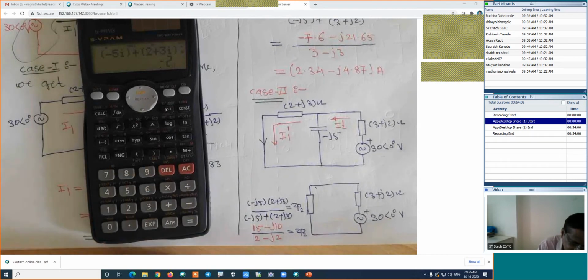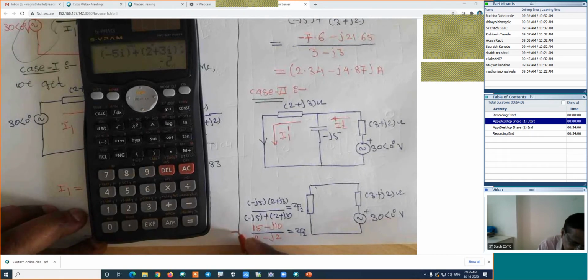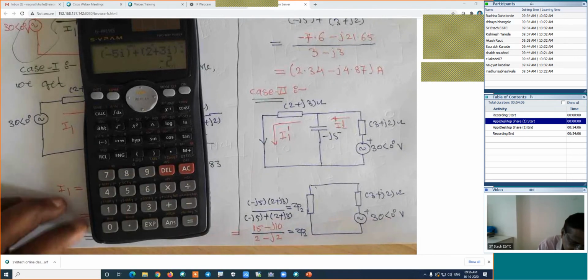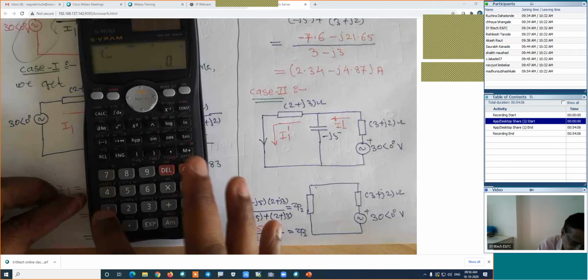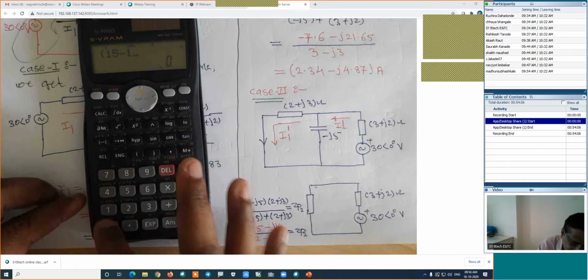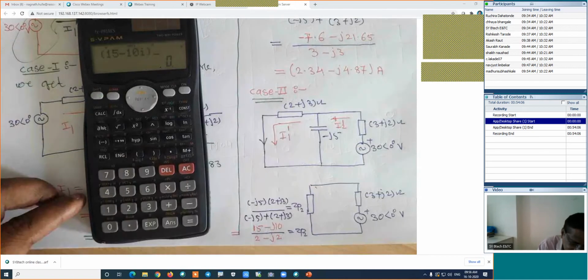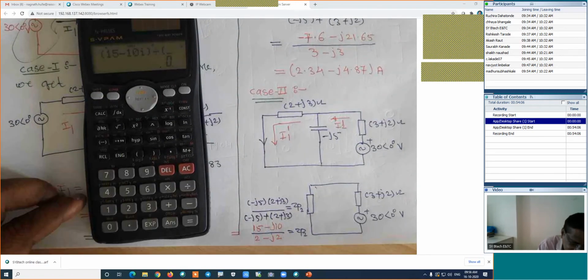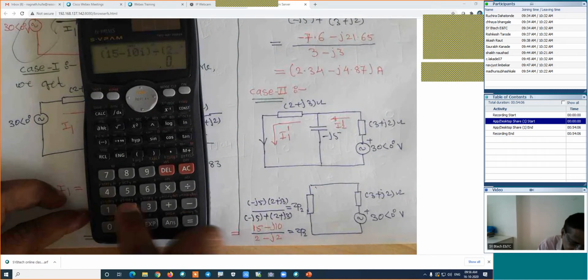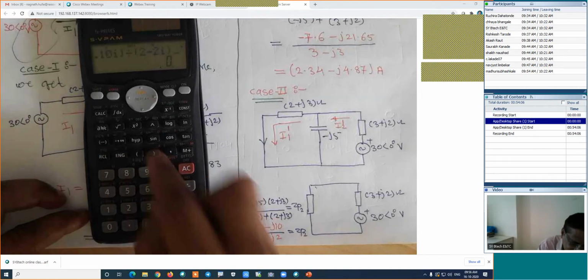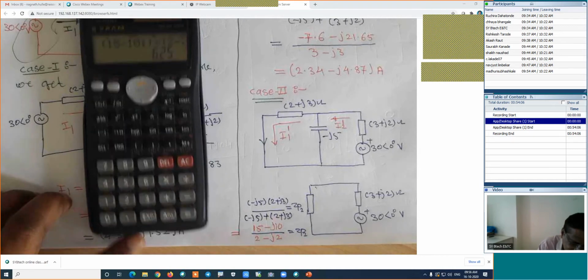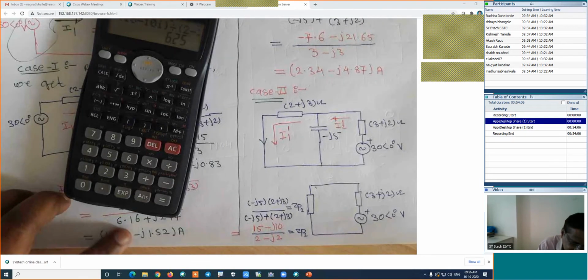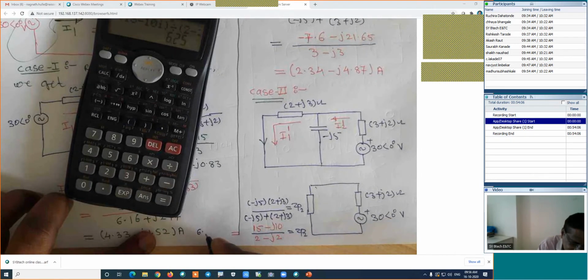Is it right? If I work on this calculation and write its value, how is the value of this 15 minus j10? This is 15 minus 10i, I will close the bracket, this value divided by start bracket, 2 minus j2, 2 minus 2i, I will close the bracket, is equal to. Its real part is 6.25. This is the real part of this impedance.